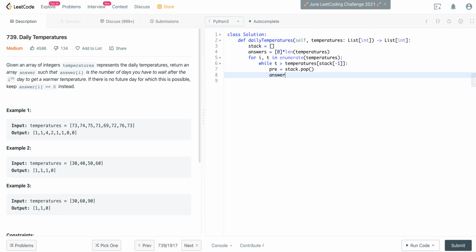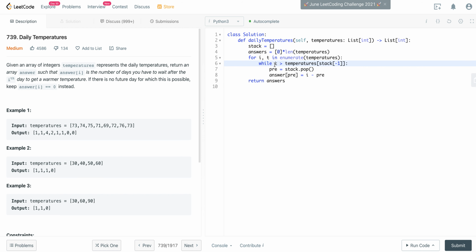That means there is a higher temperature. Then you can update the previous one to the distance between the current index minus the previous index. The only special case you need to be careful about is in the beginning, the stack is empty.